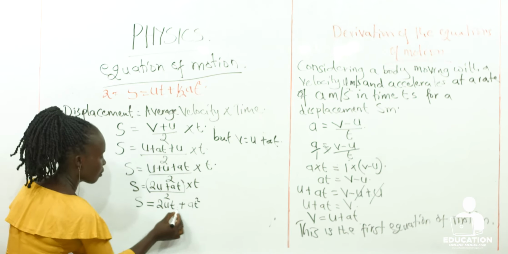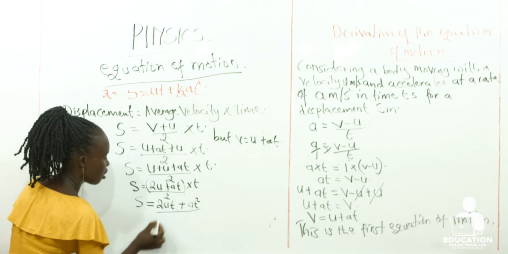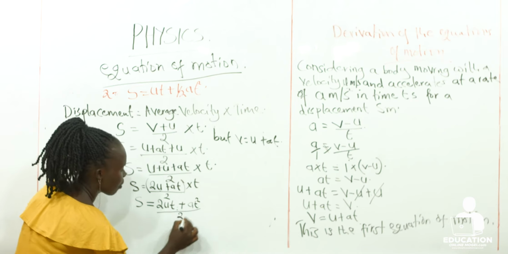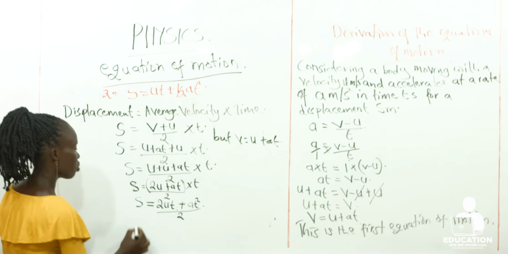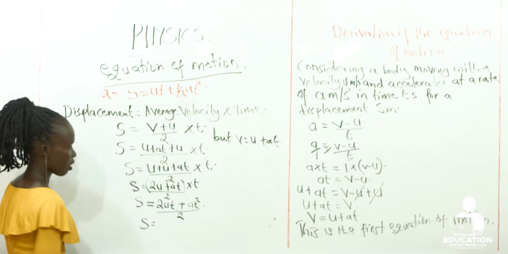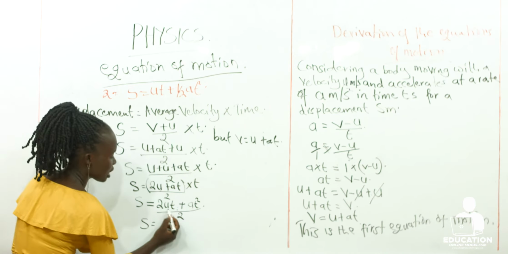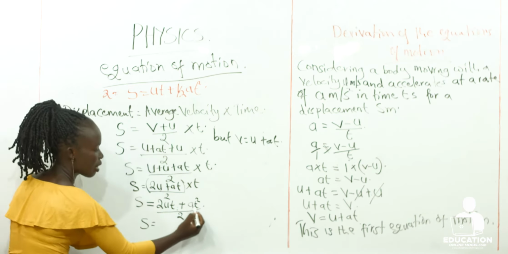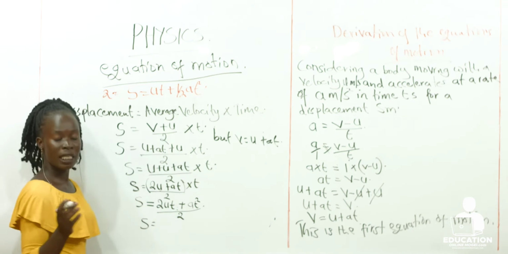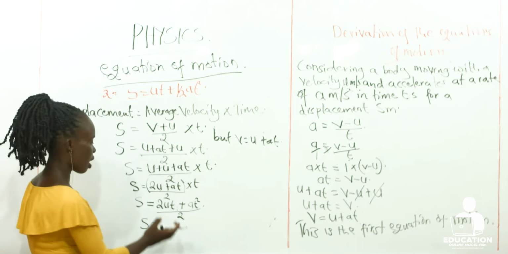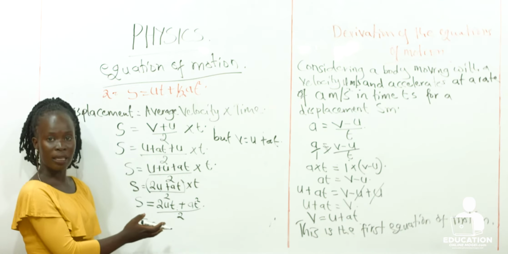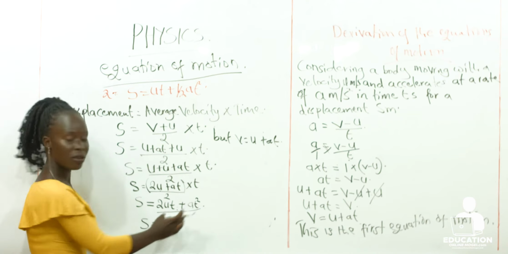This one here is still over what? Divide by 2. So we are going to divide this by this denominator, and then this one we are separating the 2 instead of combining it like that. We want to divide them separately.